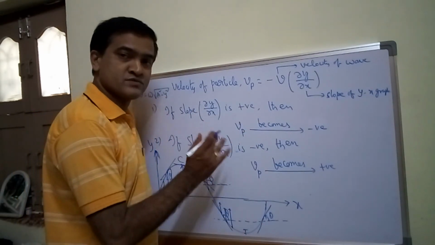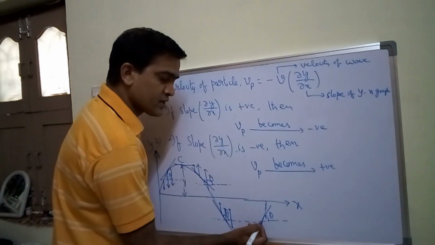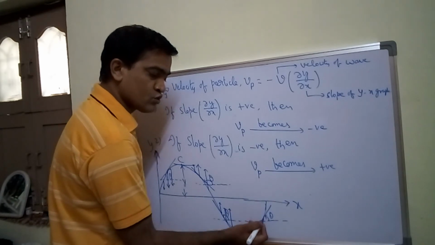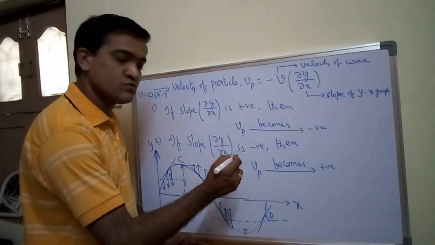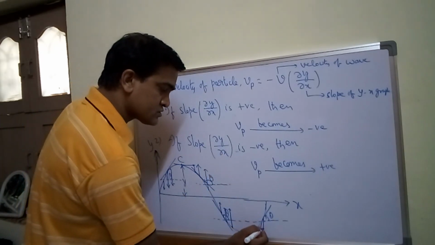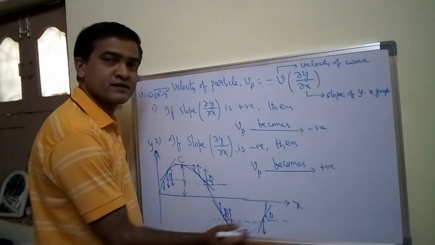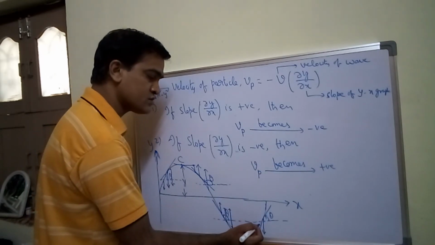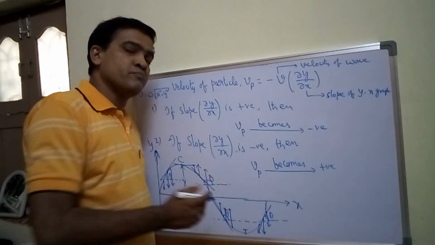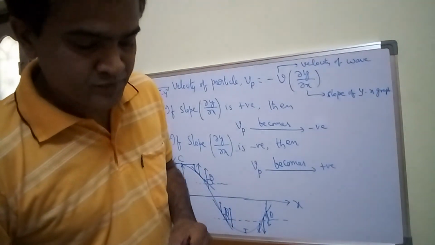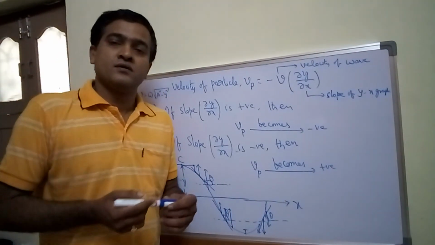So in this case, when the velocity of the particle is negative, that means this particle is trying to move downwards to the right of the trough. So all the particles to the right of the trough will try to move downwards. This bit has come in the competitive exam.